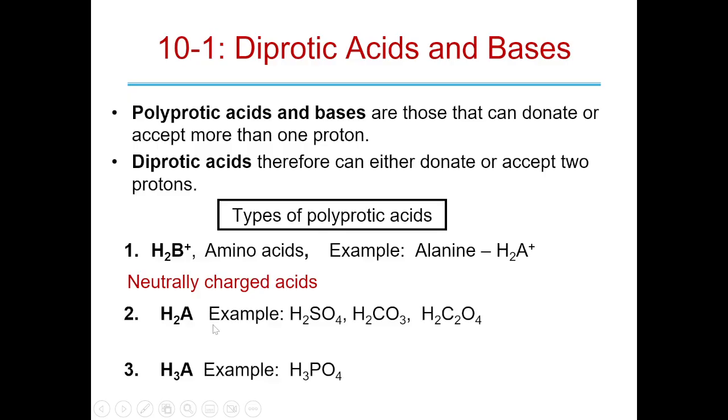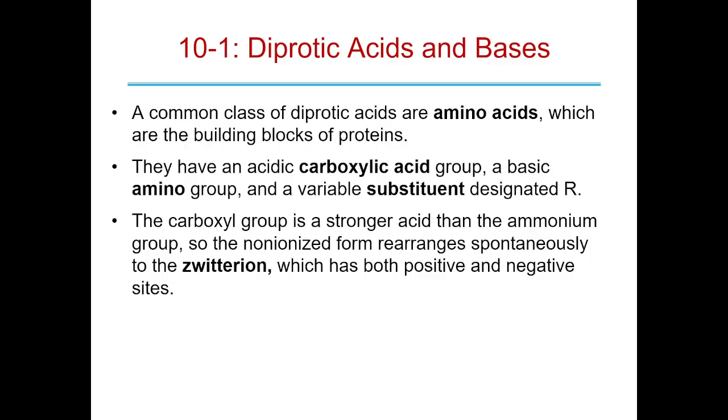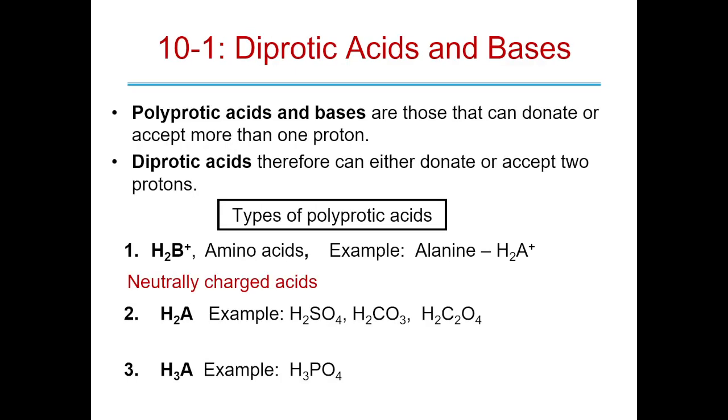There's also the neutral diprotic acids. These are going to be things like sulfuric acid and carbonic acid. Those are probably your most common examples, right? The ones you guys would know the best. Here we see a neutral triprotic acid, which is phosphoric acid. Okay. Everybody good with that so far?